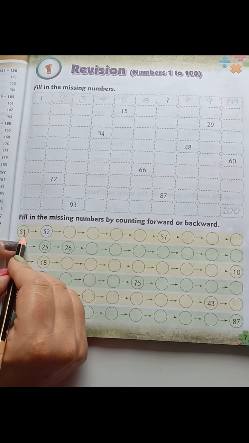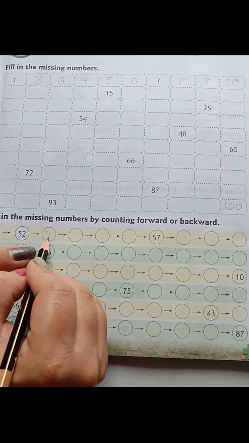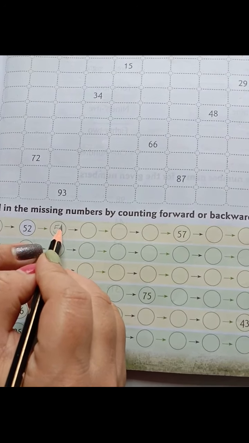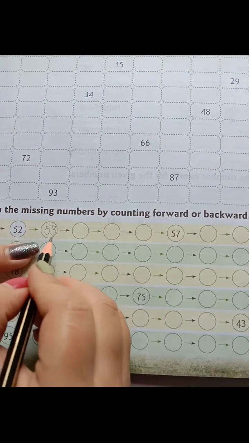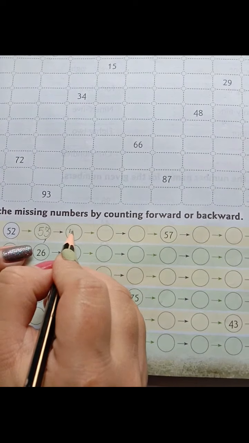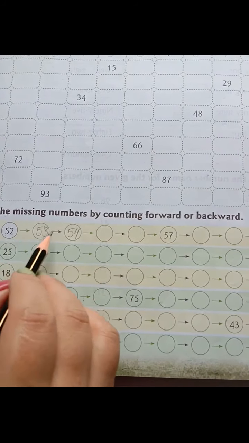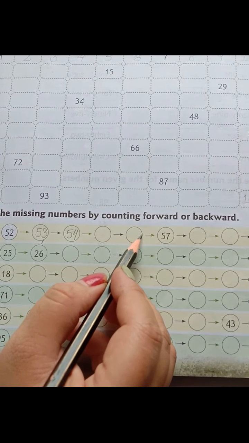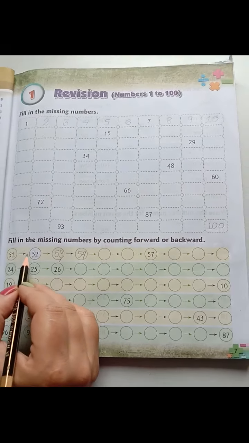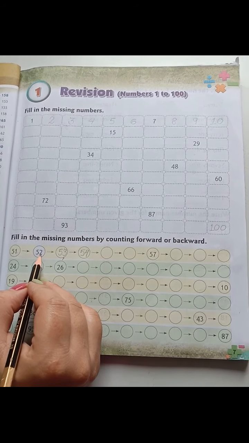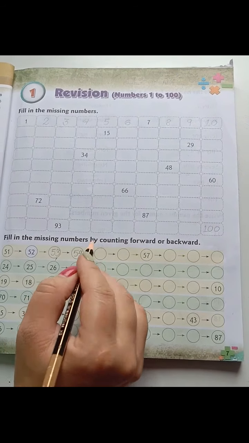That means 51, 52, and your number should be 53. And after 53 your number should be 54. These are the series that you have to write in a forward position. That means 51, 52, 53, 54.